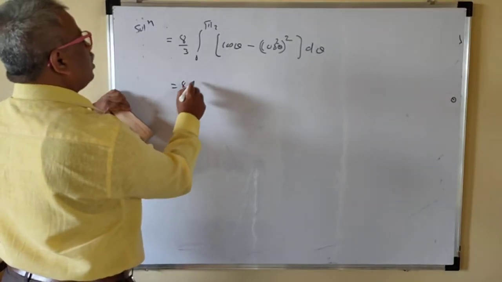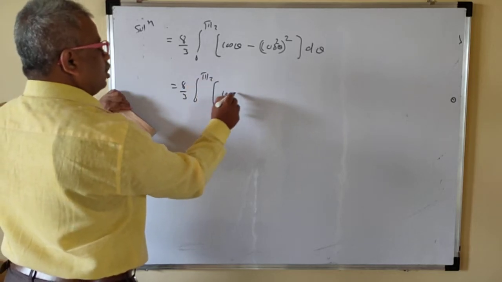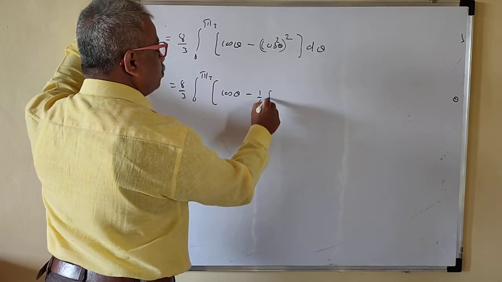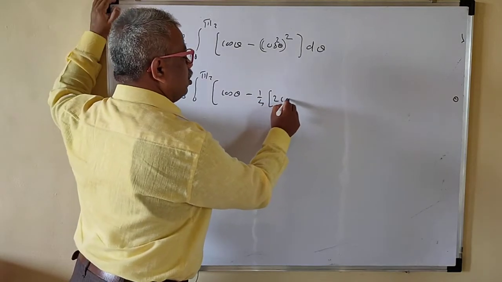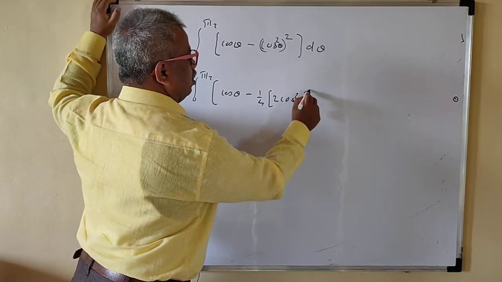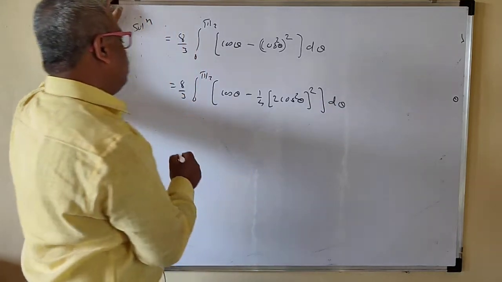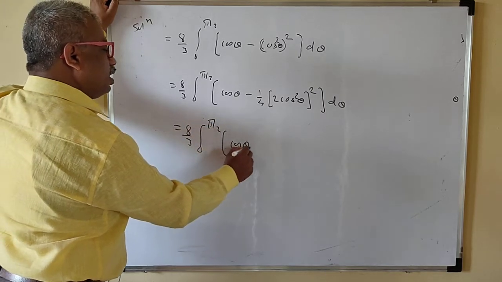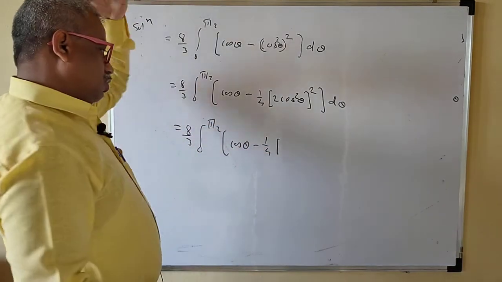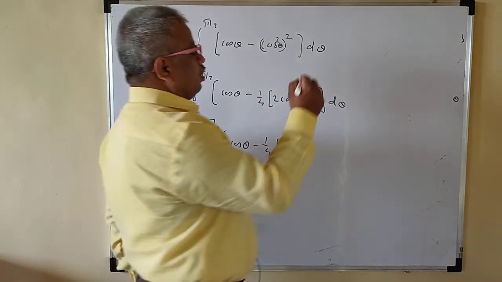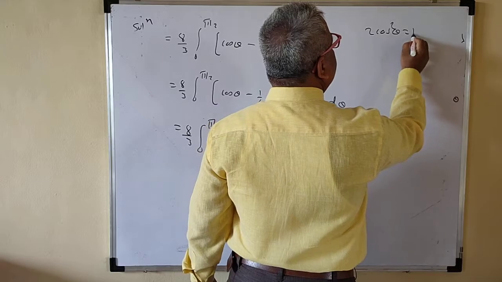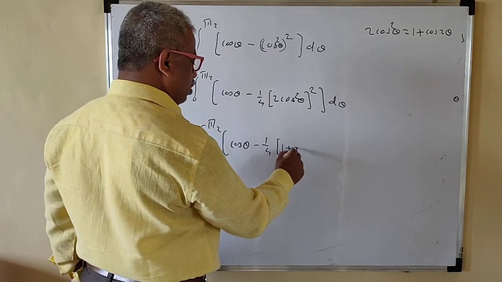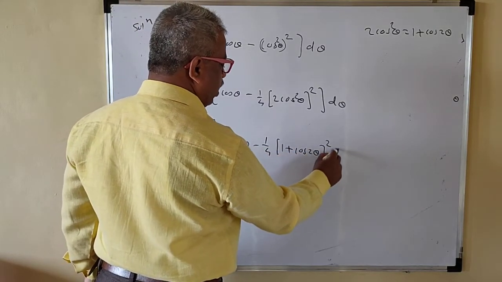So 8 by 3, 0 to pi by 2, cos theta minus, I can write this as 1 by 4 times 2 cos square theta squared d theta. See how we are adjusting this. You know that 2 cos square theta is 1 plus cos 2 theta, so we apply that: 1 plus cos 2 theta squared d theta.